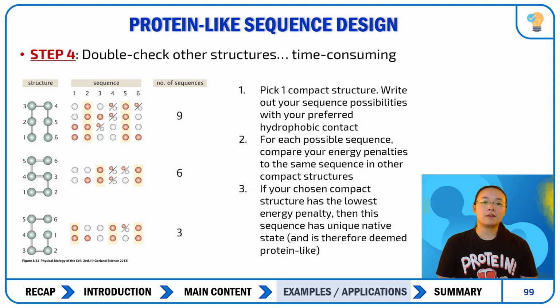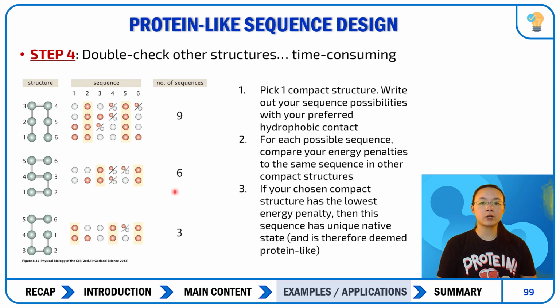So the last step is to double check other structures, which is a lot of work. We only looked at S, and there's still the U and the G shapes. Try and work on them as practice and come up with the same number of protein-like sequences for each. The general steps are: pick one compact structure, like we did with S. Write out your sequence possibilities for your preferred hydrophobic contact. For each possible sequence, compare your energy penalties to the same sequence in other compact structures.